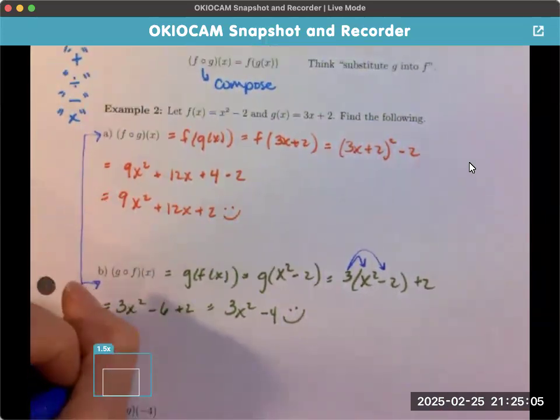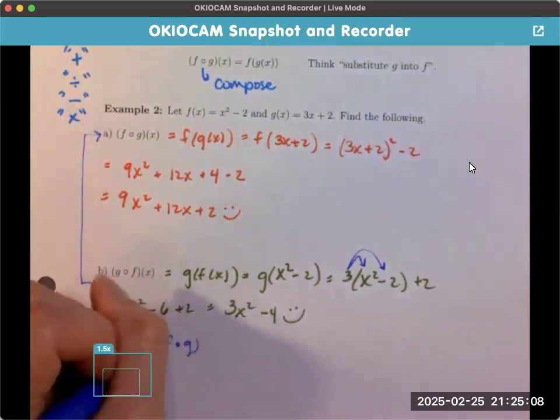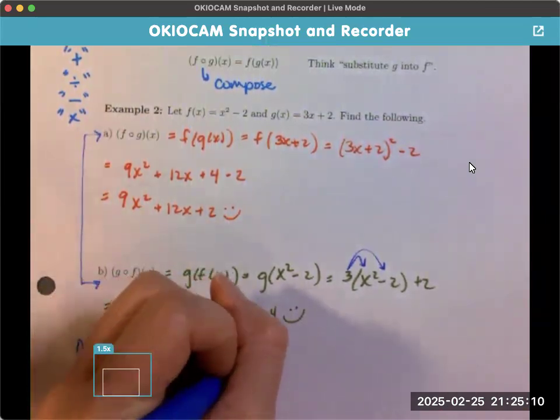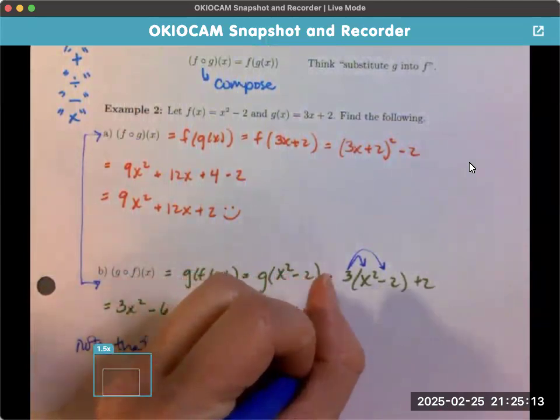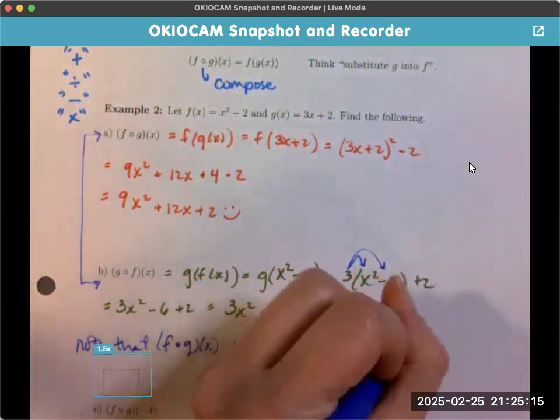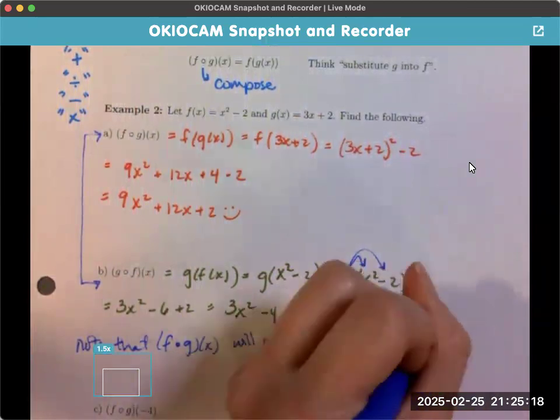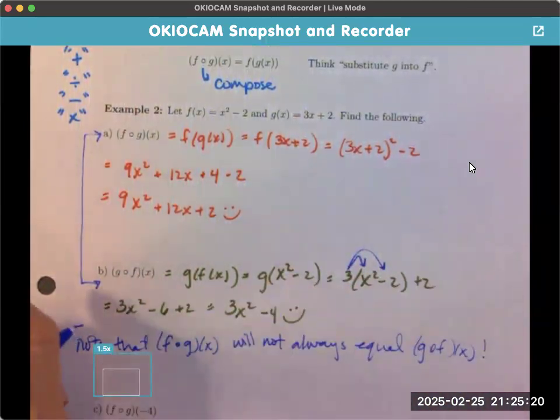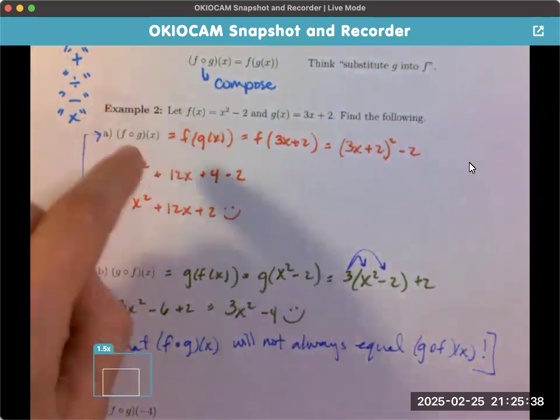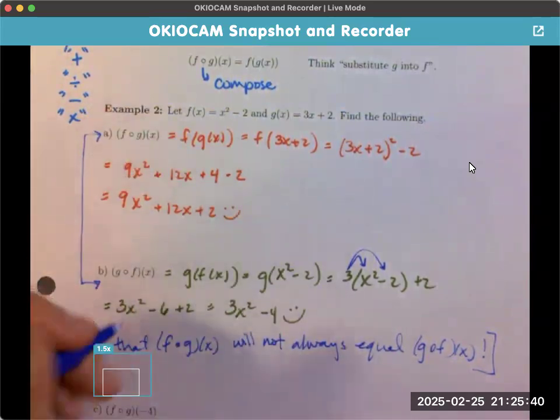Note that F composed of G of X will not always equal G composed of F of X. Sometimes they will, and we like when they do. When they do, they're inverses of each other, and we're going to talk about that in the next lesson, section 16. But just because you've done it one way, do not assume that you've done the other way.